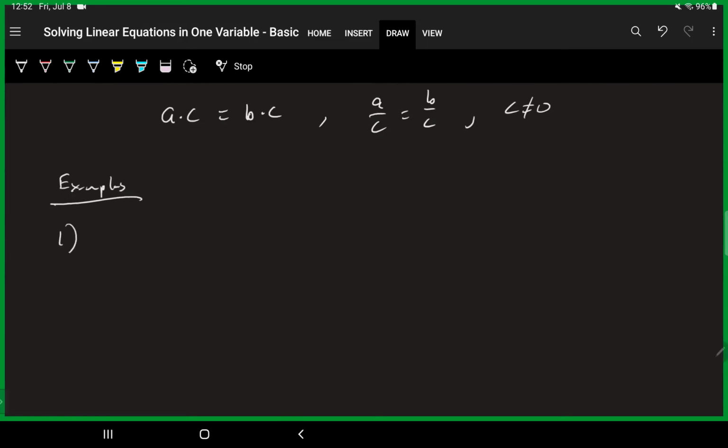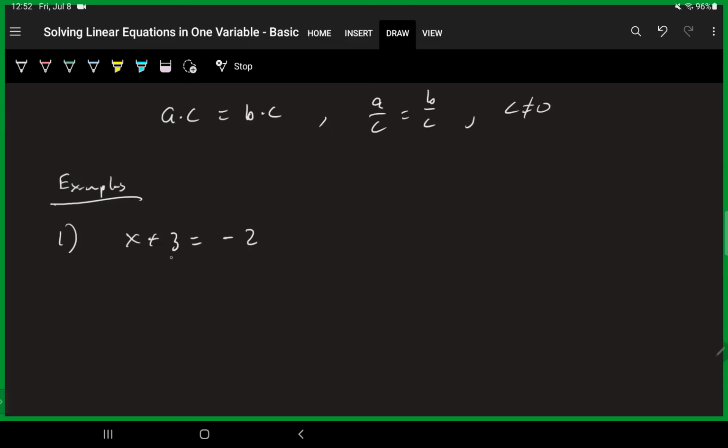So let's look at our first example. Number 1, let's look at x plus 3 is negative 2. Okay, and so what we're going to do is analyze the equation. And I see that I'm adding 3 to the variable x. And what we want to do is get x by itself by undoing what's happening to it.